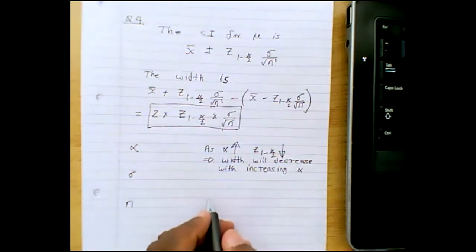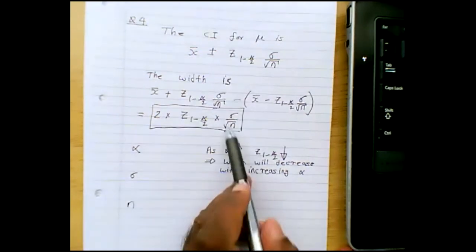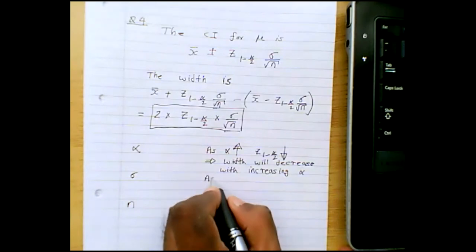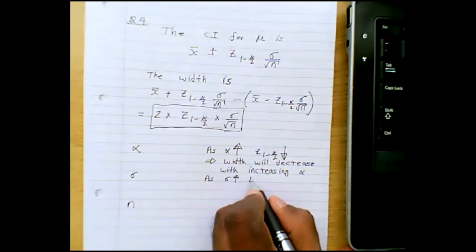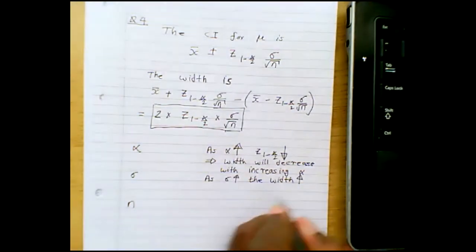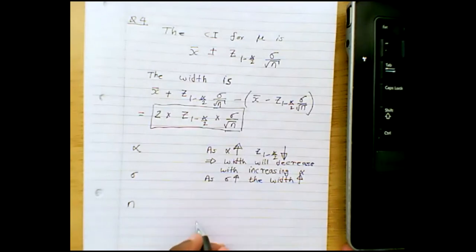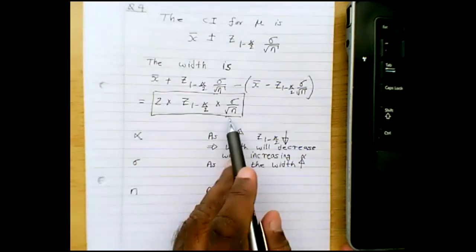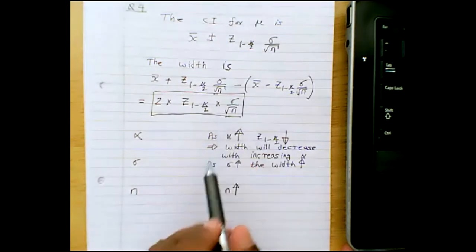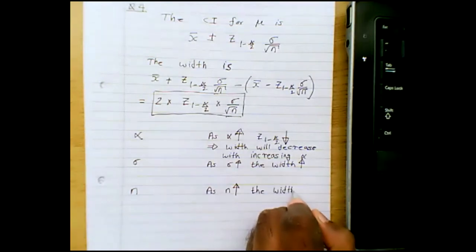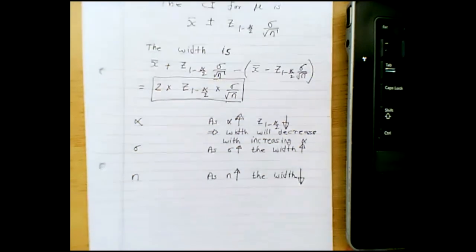Now, as sigma increases, remember sigma is in the numerator, so as sigma increases, the width will also increase. And finally, as n increases, because n is in the denominator of the formula, the width will decrease.